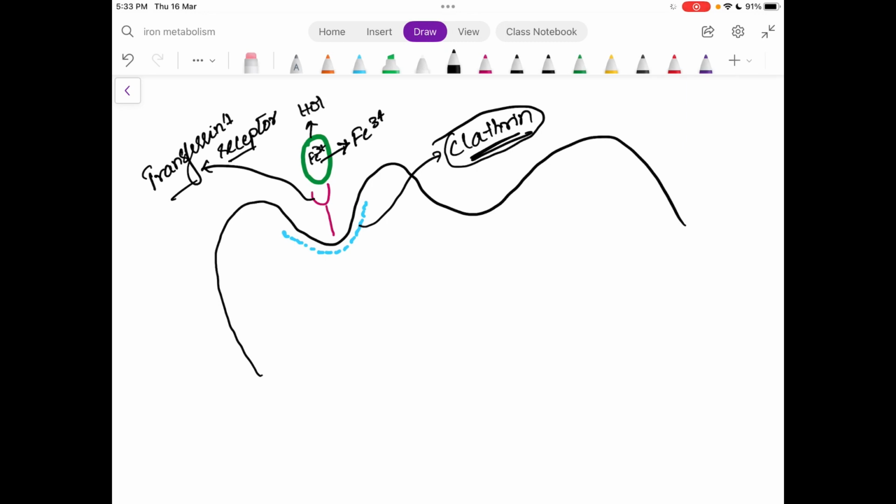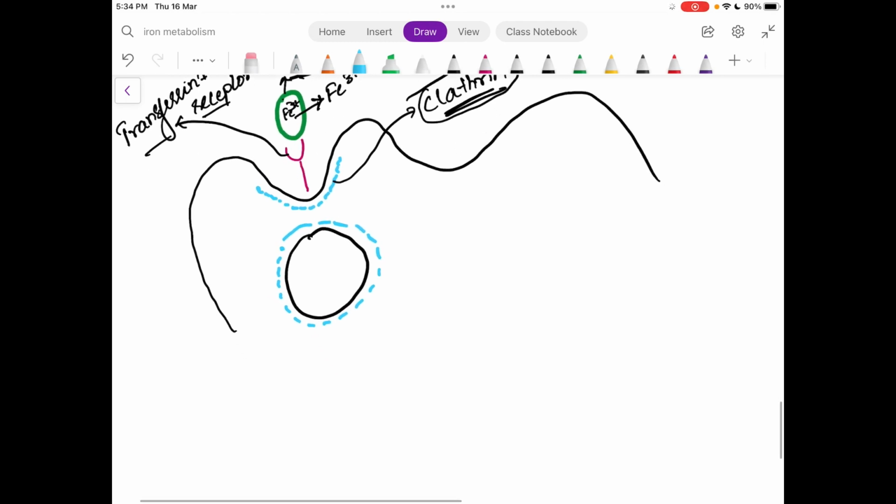This transferrin is called holotransferrin. Whenever iron is occupied in the transferrin, then it is called holotransferrin. This holotransferrin will bind with the transferrin 1 receptors which are attached to the clathrin coat, and there will be an endocytosis of the receptor along with the transferrin, and they will contain a clathrin coat.